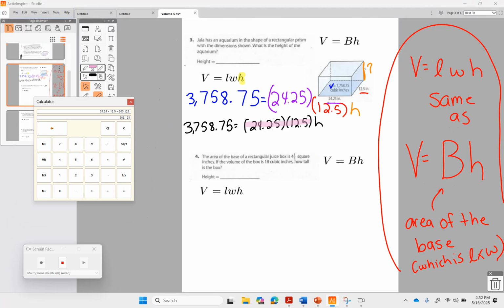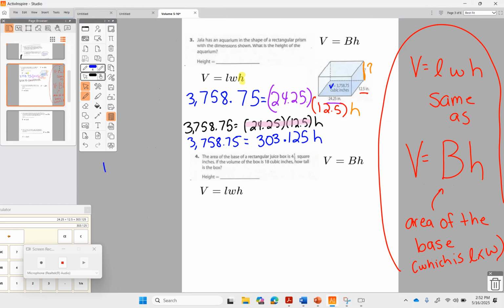So I now can say 3,758.75 is equal to, I multiplied these together, I got 303.125 H. So now what do I do? This is where I have to bring in what I learned the other day. This is not part of our secret code, but I still need to understand inverse operations.